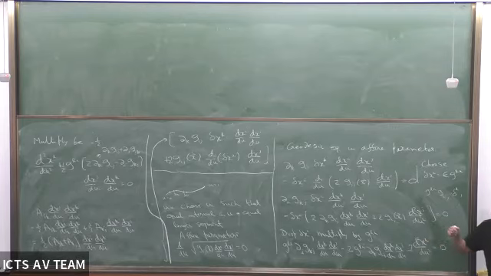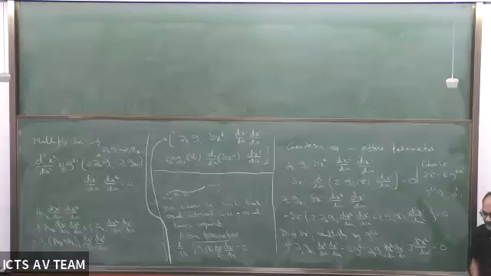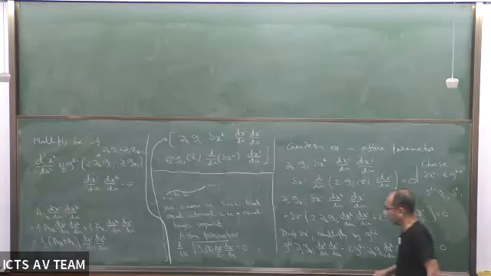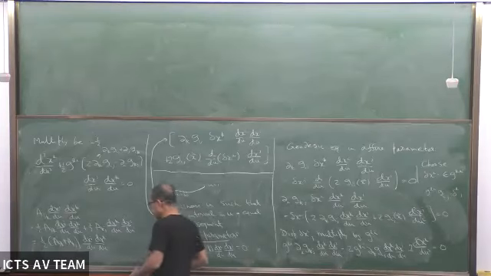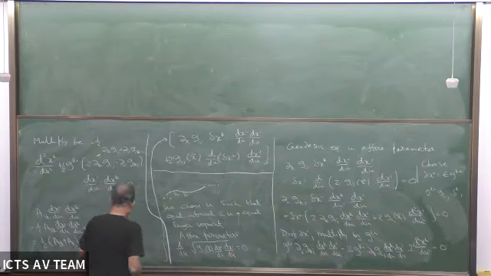Because when you sum over j, only the j equal to L term is picked up. Is that clear? Essentially, we are removing the Kronecker delta and changing the index. Exactly. I'm dropping the Kronecker delta and changing the index j to L. So let me write that formula here. So there what I have used.